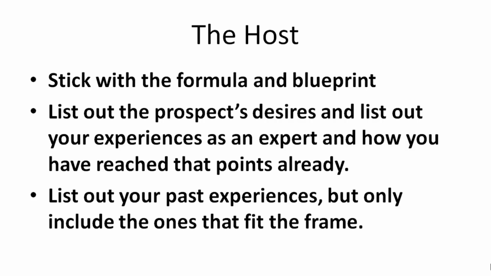People want to know your past experiences with the product and service, but only include those that actually fit that frame. If your past experiences have nothing to do with those objections or desires, don't list them at all.